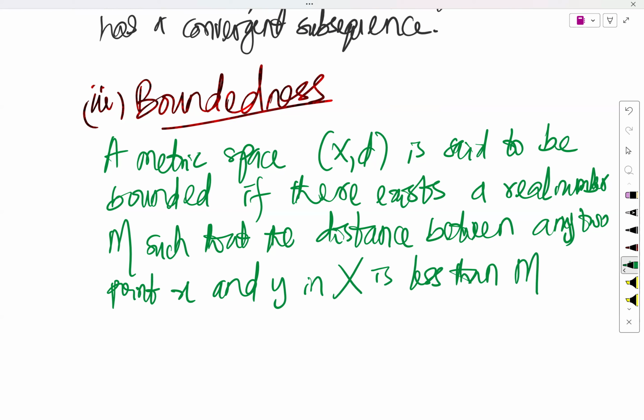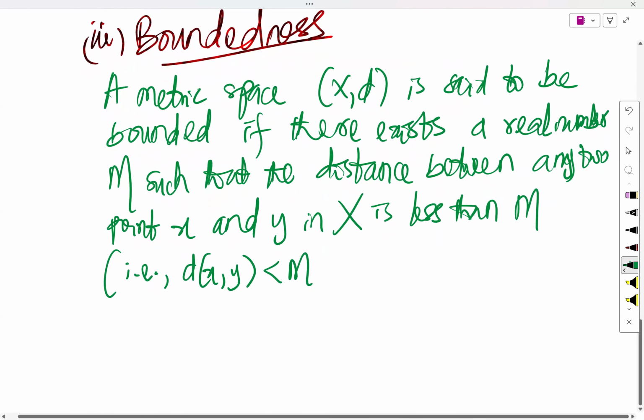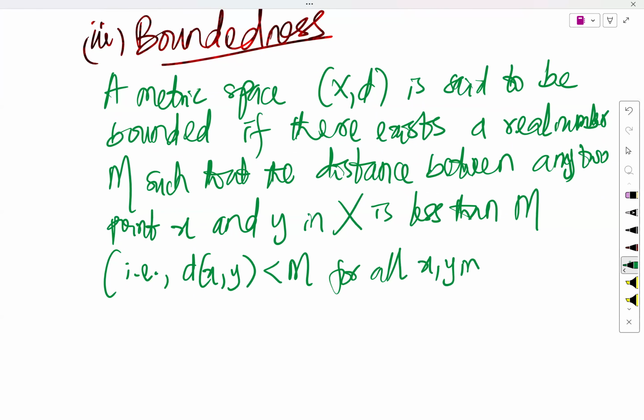That is, d of x comma y is always less than m. So no matter how hard you try, you don't get to that m. And that is true for all x, y in X.